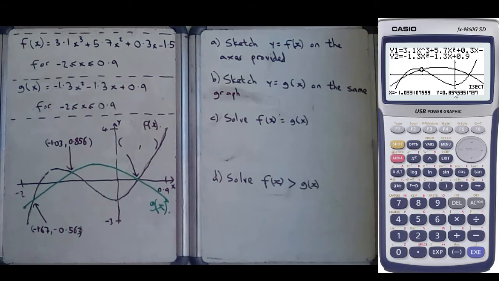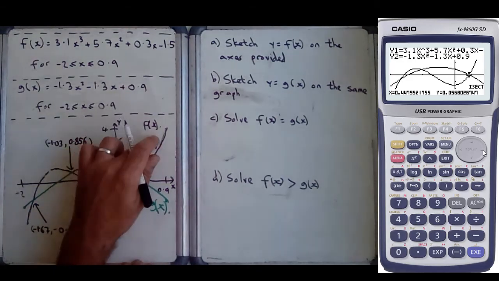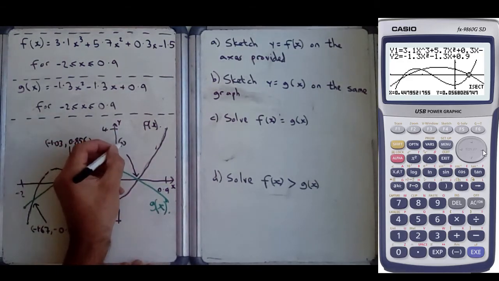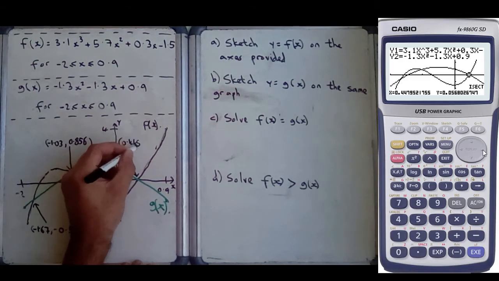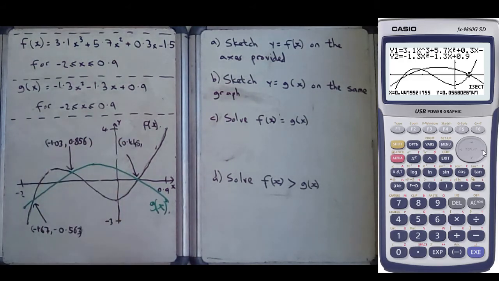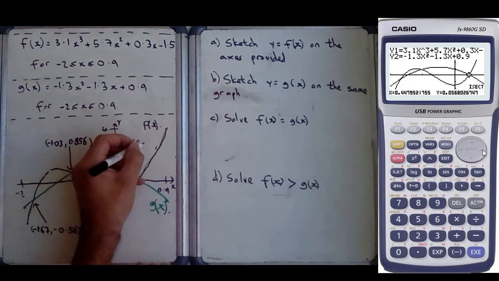Okay, and then I'm going to go across to the third one, and it kind of looked like it was on the x-axis. It's not quite, but x is 0.448 and y is 0.0568.